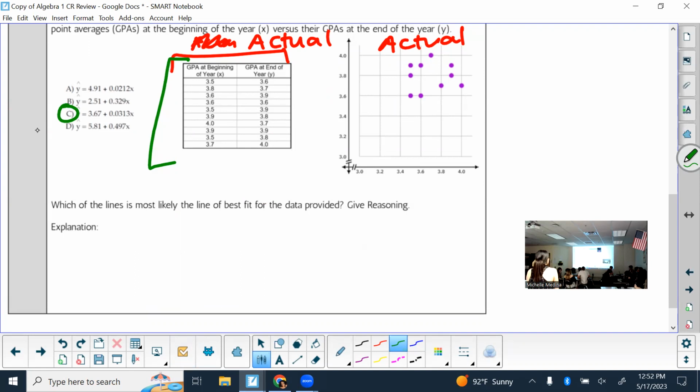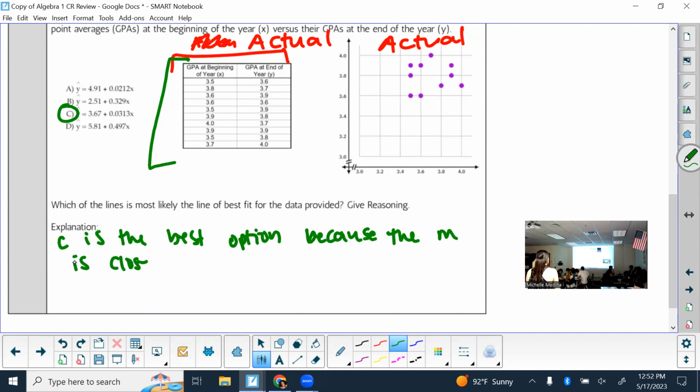For your reasoning, you could say C is the best option because the slope is closest to, and on this one it happens to be exactly, on your actual test it might be whatever is closest to what the computer says, 0.0313.